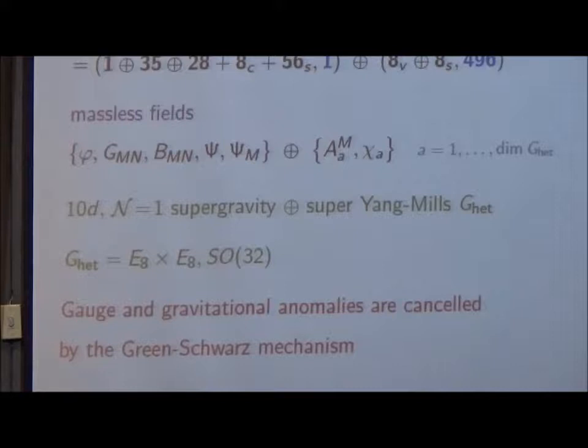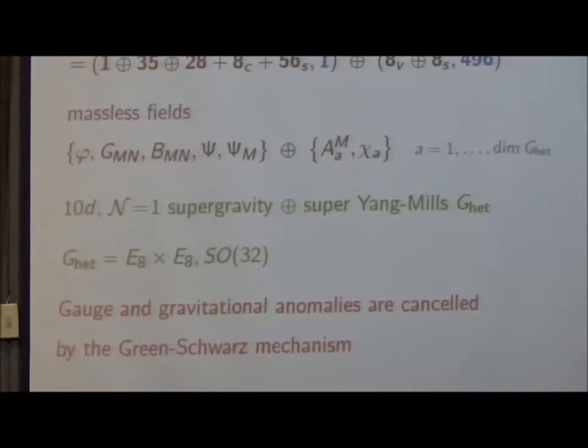Something that I already mentioned is that these are precisely the two groups for which it was known before this construction that the gauge and gravitational anomalies are cancelled. They are not cancelled in the trivial way, they are cancelled by the Green-Schwarz mechanism that is also very special for string theory. But this will be another thing.